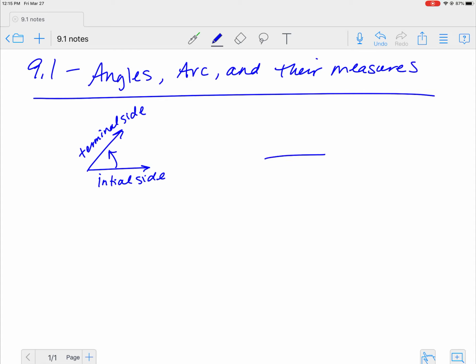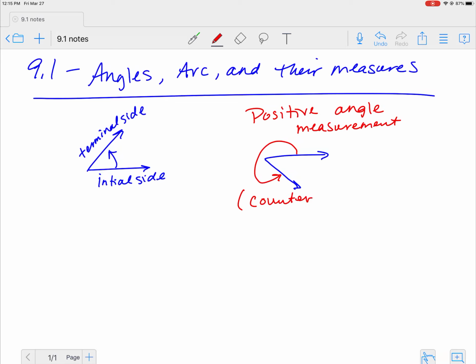Also, if I have an angle, let's say I'm going from here into here. If I have my initial side and I go through here in the counterclockwise direction, that is going to be a positive angle measurement. You still have your initial side.